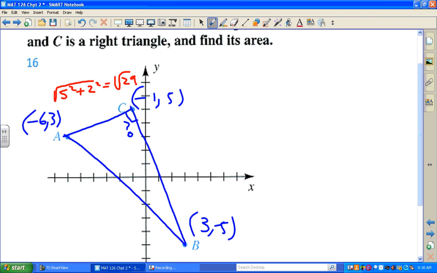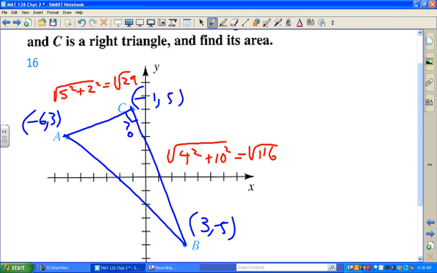What's the distance from C to B? Well, the square root of 4 squared, 3, or from negative 1 to 3 is 4. Negative 5 to 5 is 10. So 100 plus 16 is the square root of 116. Ooh.